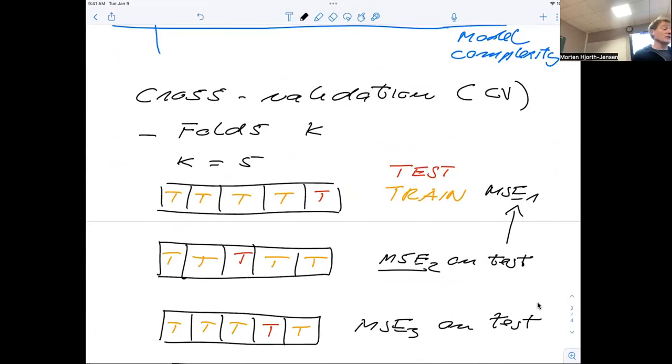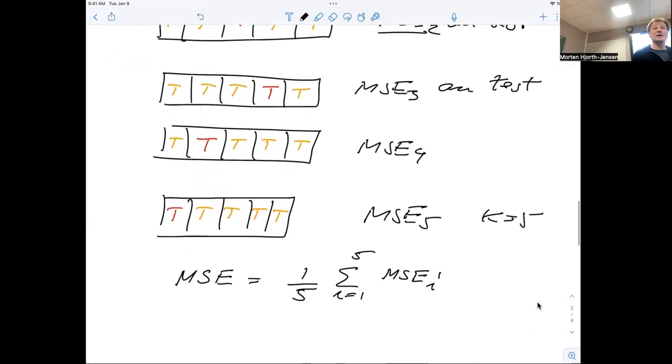It's not given that you will get a nice mean squared error for k equal to 5, and then you go to k equal to 10, and they're almost the same. They can actually vary. So this k, the number of folds, becomes a new parameter, which normally people play around with till this mean squared error stabilizes.